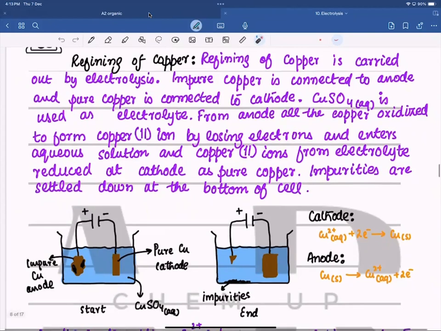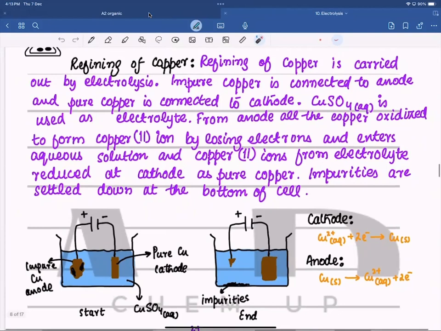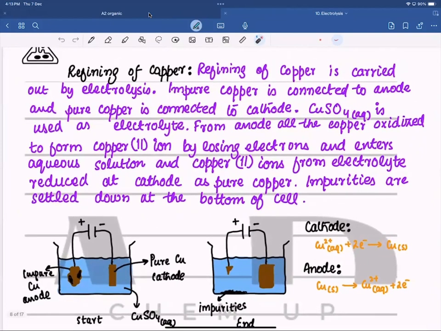Is it completed? No, sir, just the diagram. Done.